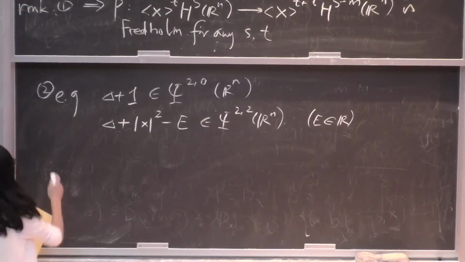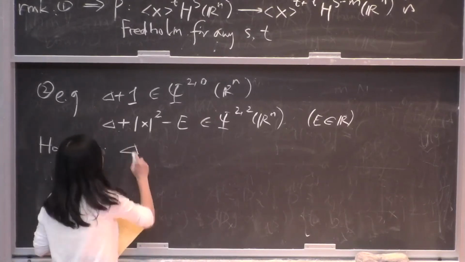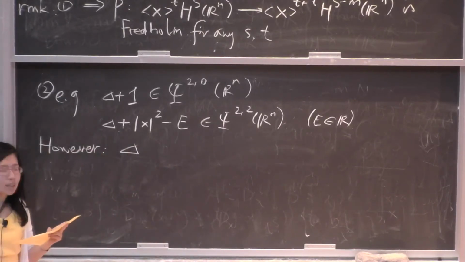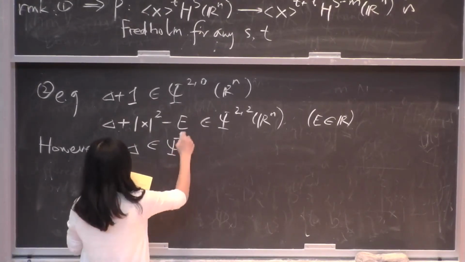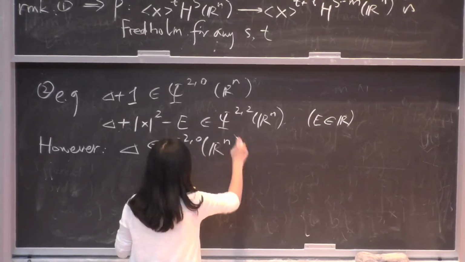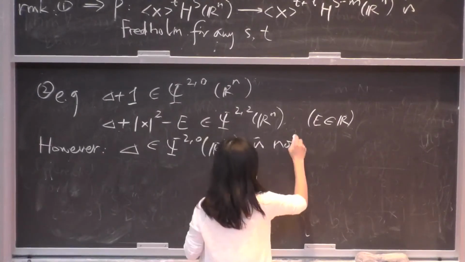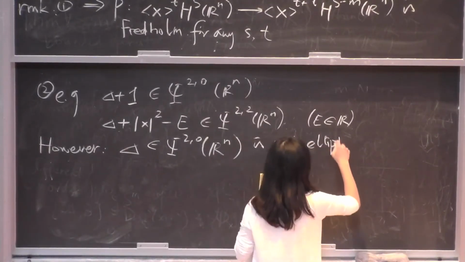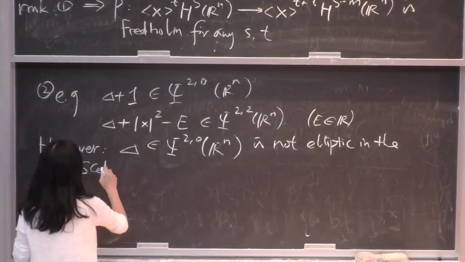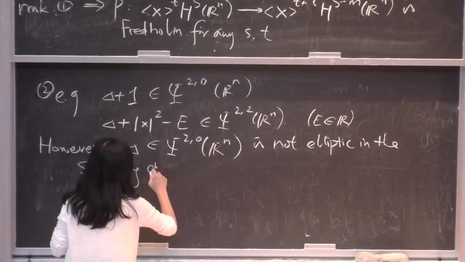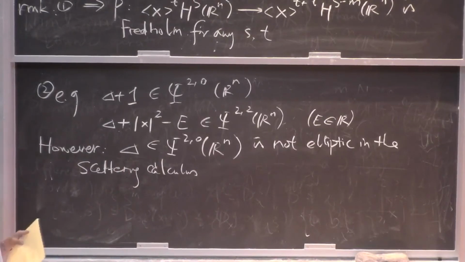However, I should point out one thing. If you consider the usual Laplacian, this is again in the correct symbol class, Psi^{2,0}. But this is not elliptic in the scattering calculus, because of my requirement on x.